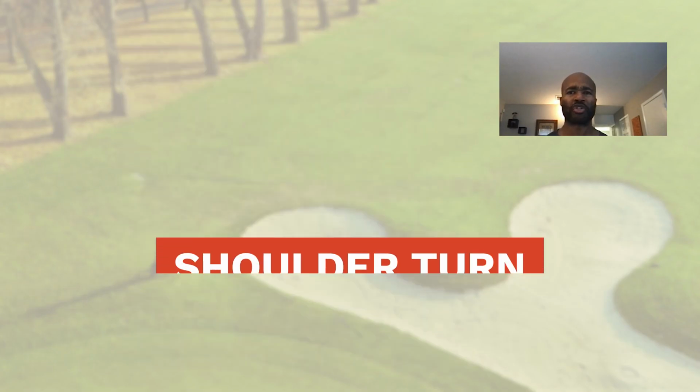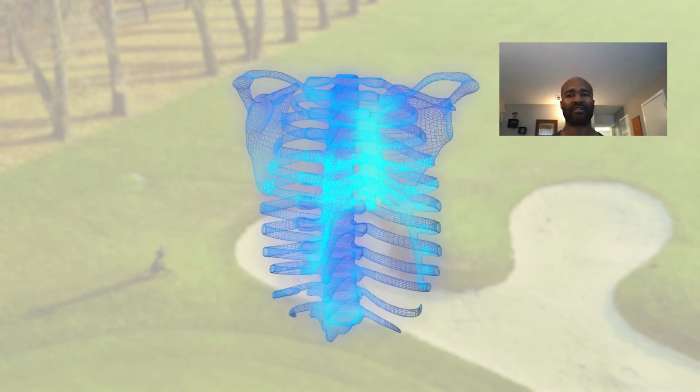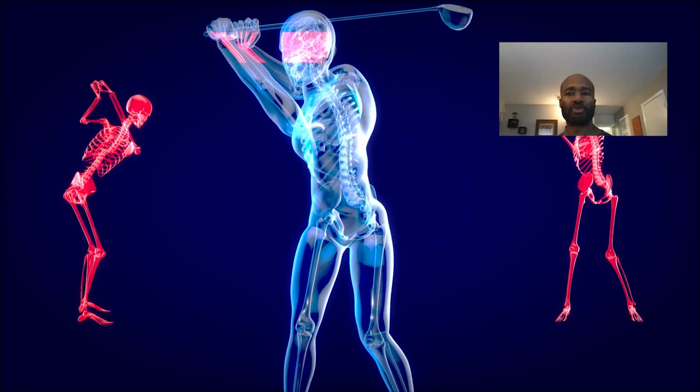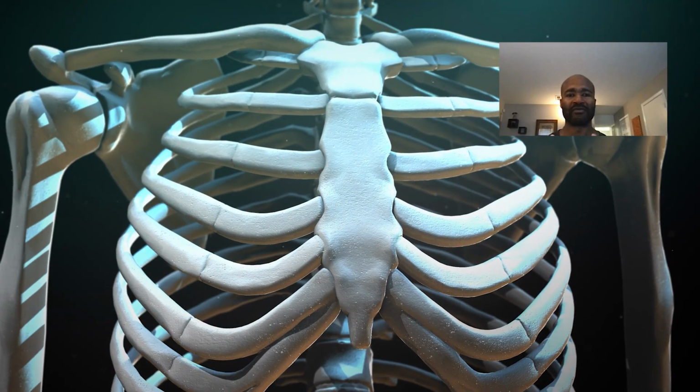So with the shoulder turn, I want you to keep in mind a couple of overarching concepts. One of them first is your rib cage. Your rib cage is heavily involved in your shoulder turn. The rib cage is like the spring.